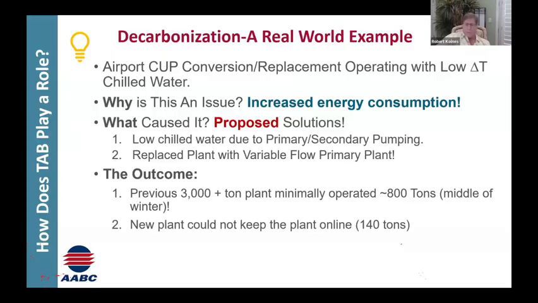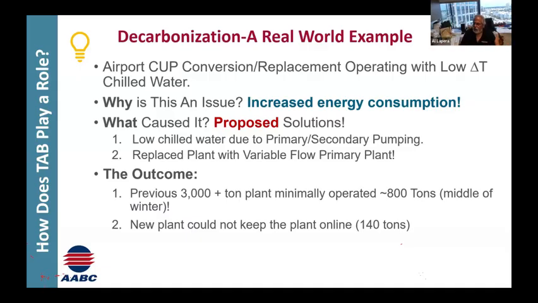Right. This was an airport where it turned out to be a CUP replacement, or a central utility plant replacement. They had literally, I think it was over 8 years, but 8 years is the number in my mind, of data where every winter we looked at the lowest tonnage throughout the whole year.